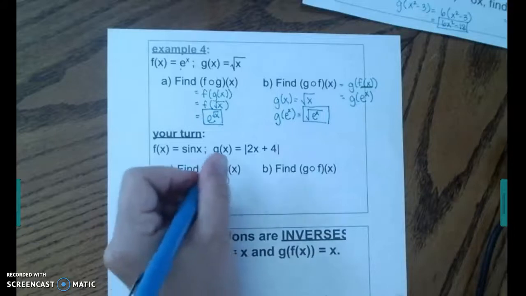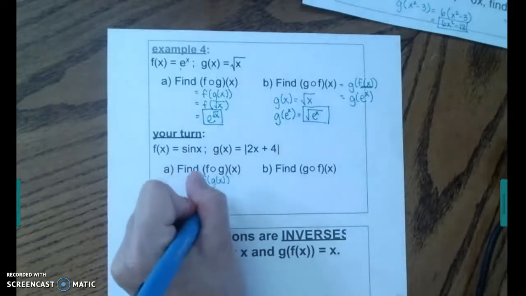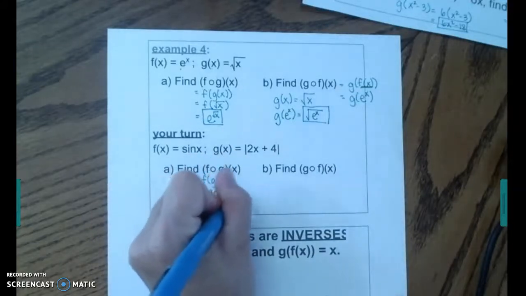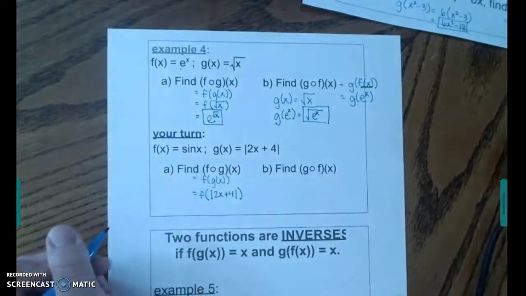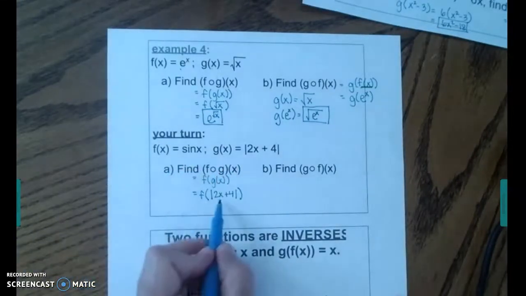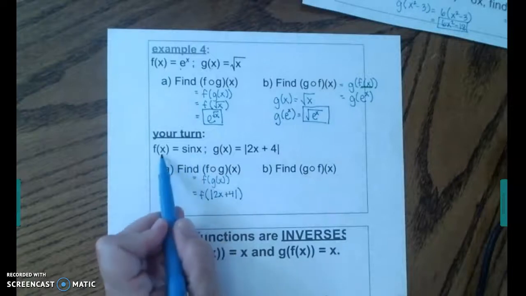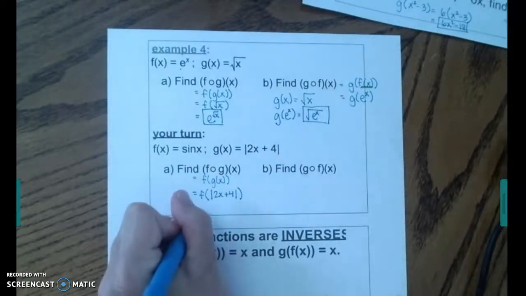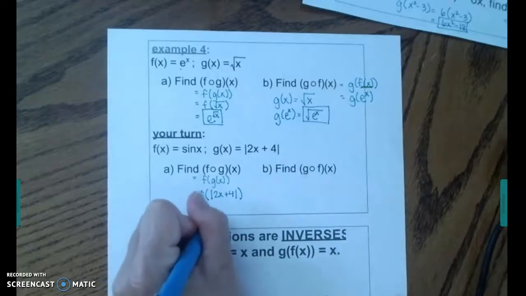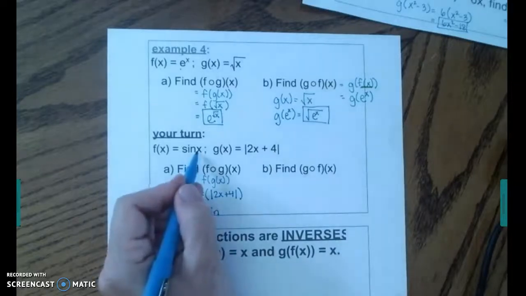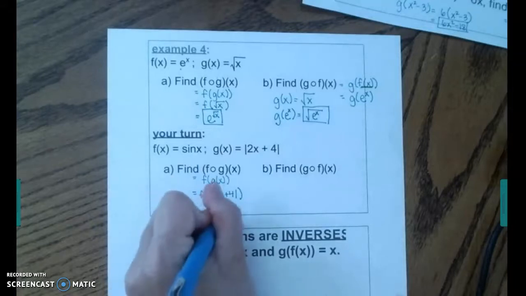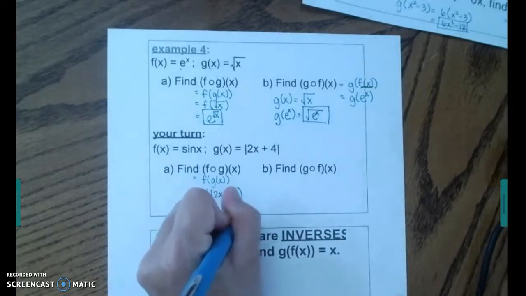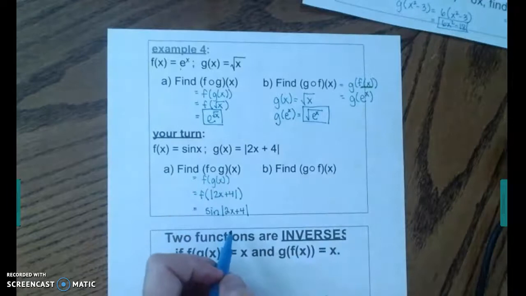So I'm really looking for f of the absolute value of 2x plus 4. So everywhere I see x in my f of x function, I'm going to substitute this right here. So that is going to be equal to the sine of the absolute value of 2x plus 4.